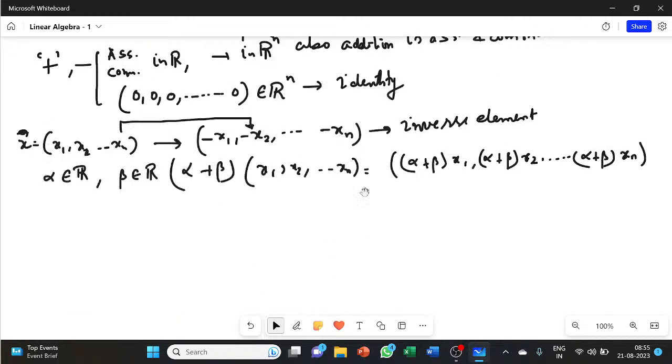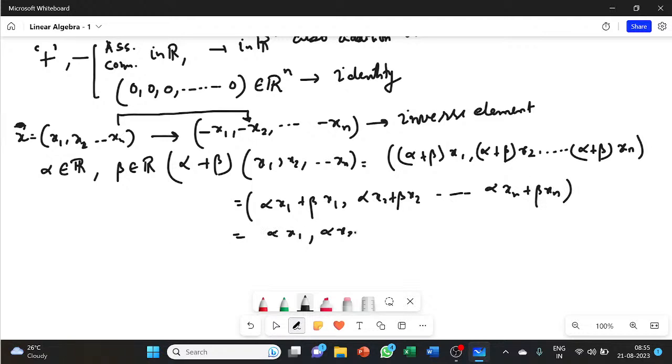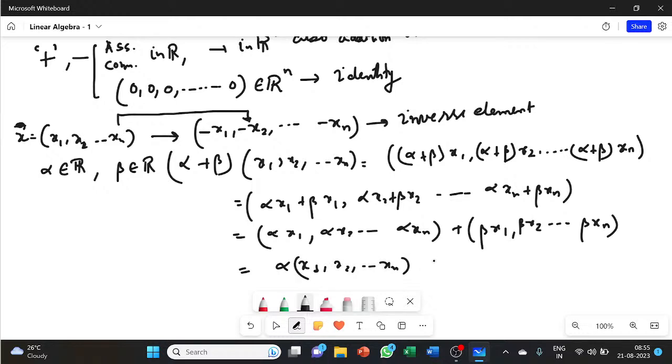If you distribute it inside, you will get alpha x1 plus beta x1, alpha x2 plus beta x2, dash dash dash alpha xn plus beta xn, and then you can write it as alpha x1, alpha x2, dash dash dash alpha xn plus beta x1, beta x2, dash dash dash beta xn, and similarly as alpha times x1 comma x2 dash dash dash xn plus beta times x1 comma x2 dash dash dash xn.